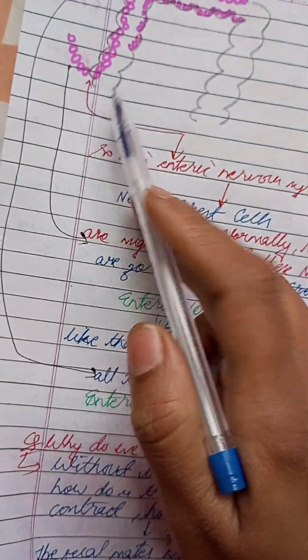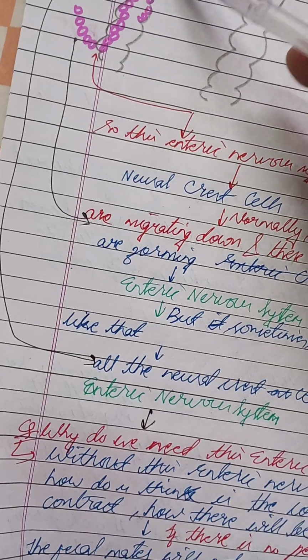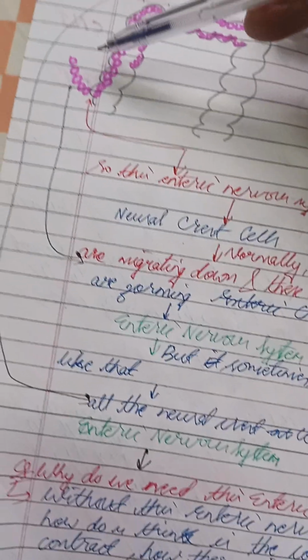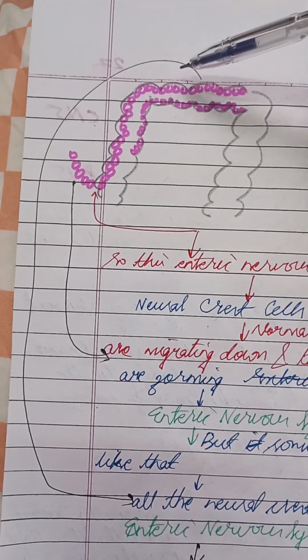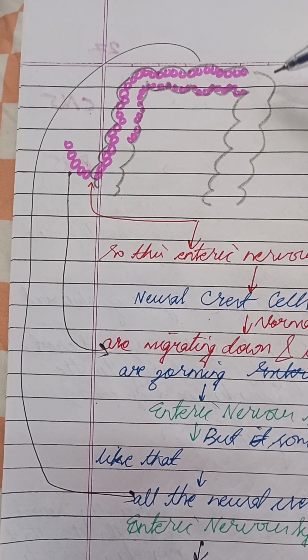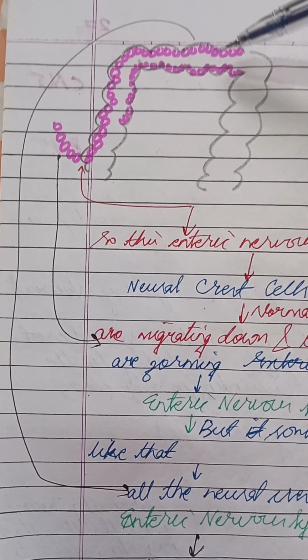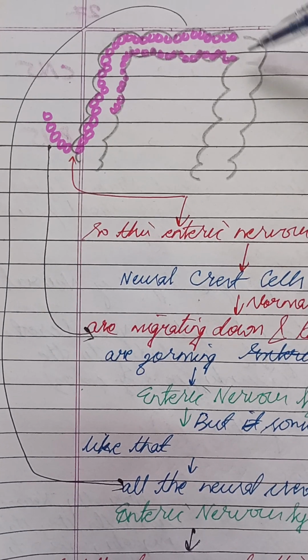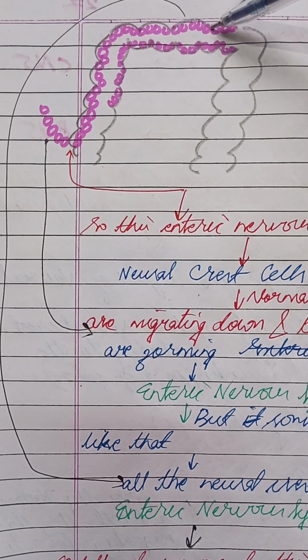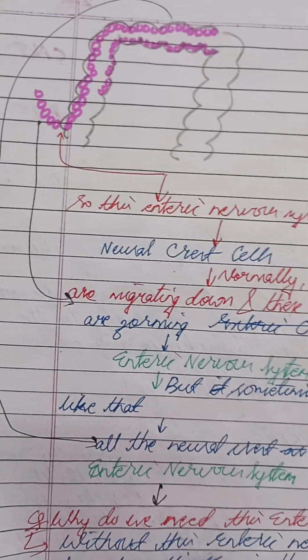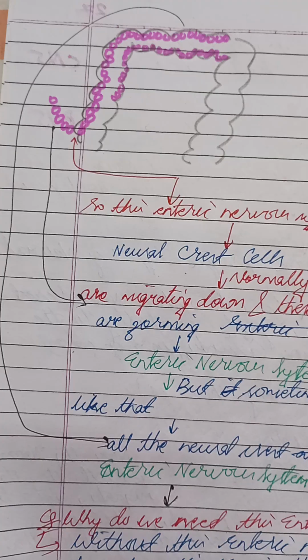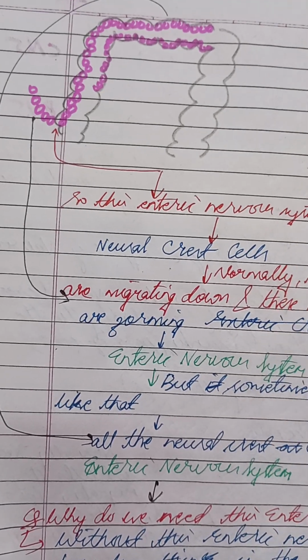So this enteric nervous system is formed by the neural crest cells. Normally neural crest cells are migrating down, and these neural crest cells are forming the enteric nervous system, all of them here.